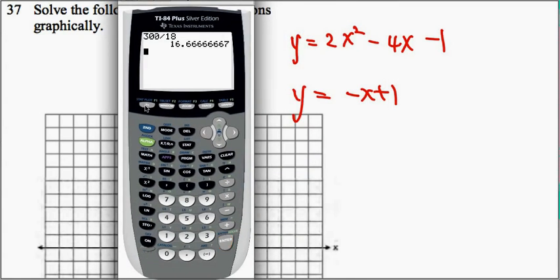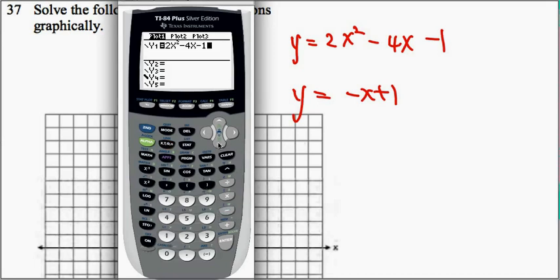So here we have y equals 2x squared minus 4x minus 1.